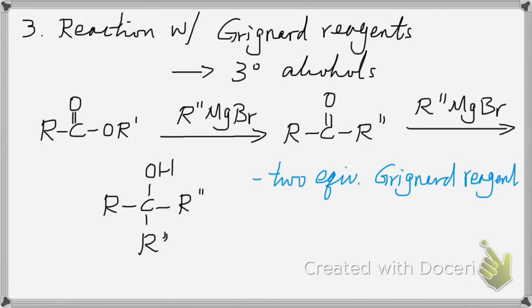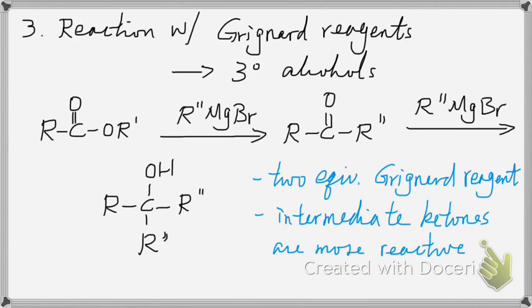So two equivalents of Grignard reagent are needed here when the ester is the starting material. Again, you cannot stop the reaction at the ketone stage because ketone is more reactive than ester toward the Grignard reagent, the nucleophilic addition reaction.